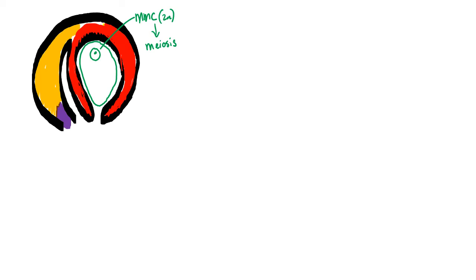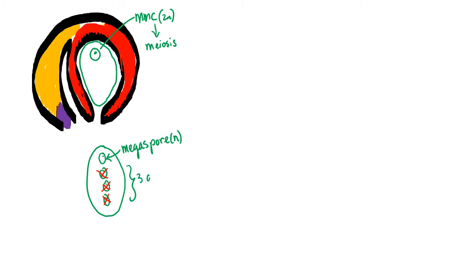So meiosis happens there, and that is going to produce four cells that are haploid and all genetically unique. 3 of those cells, just like before, are going to die. So now we have this megaspore, which is haploid, and these 3 die.